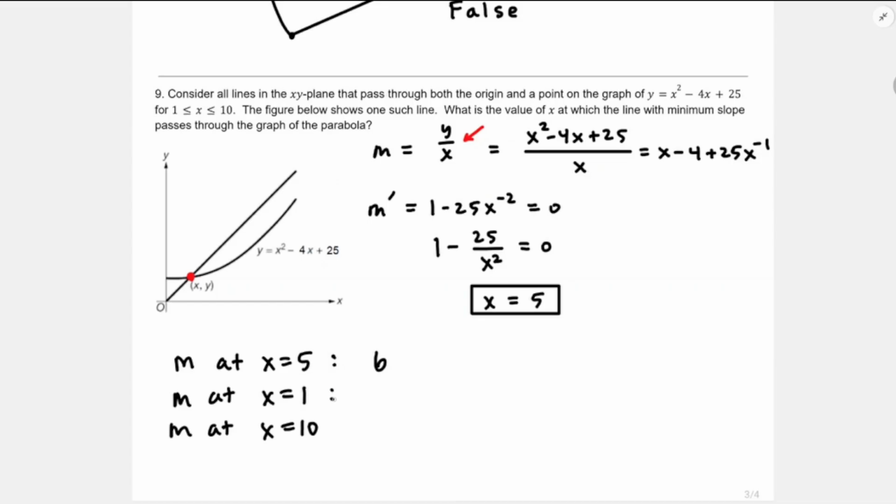The slope at 1 would be 1 minus 4 is negative 3, plus 25 is 22 over 1. That is definitely a larger slope. When x is 10, I've got 100 minus 40 would be 60, plus 25 is 85 over 10. That's 8.5. Definitely the minimum slope is happening at x equals 5.